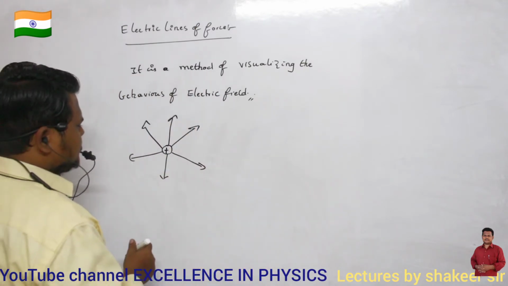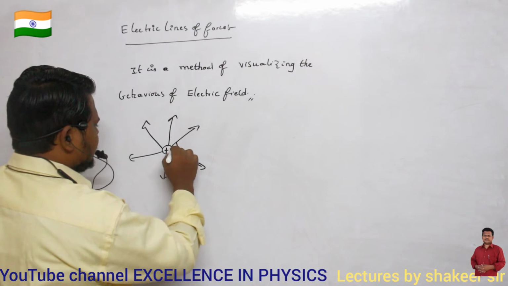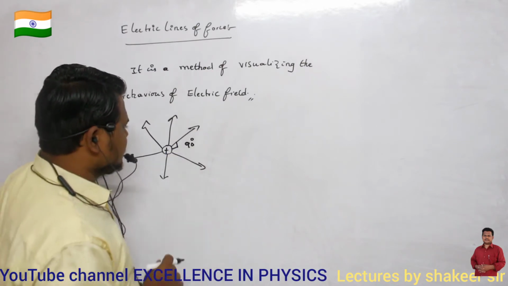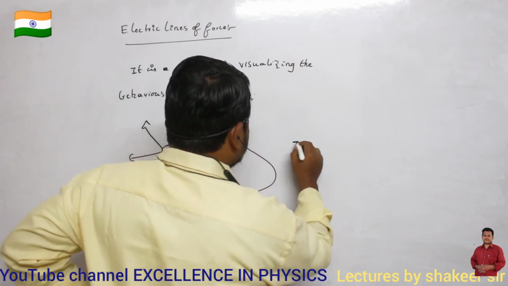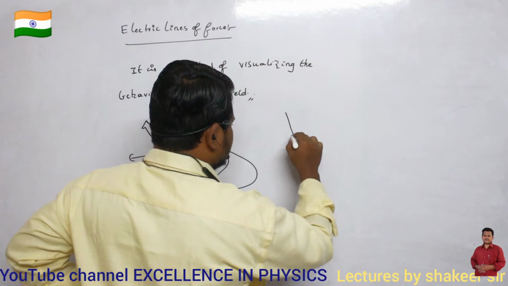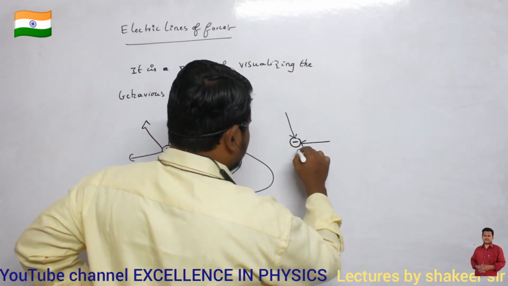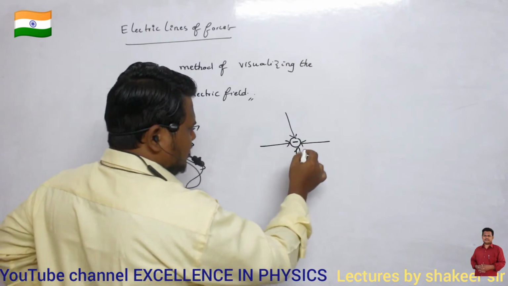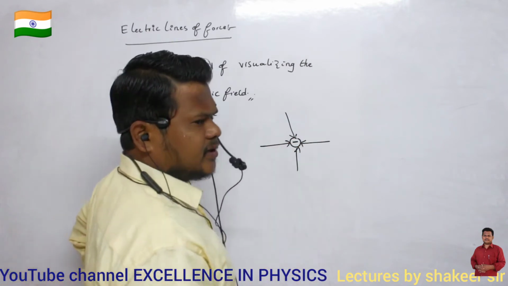And we also assume that these electric lines make exactly an angle of 90 degrees with the charge. Similarly, if you take a negative charge, the electric lines are terminating on the negative charge.